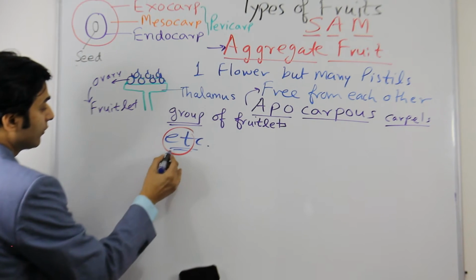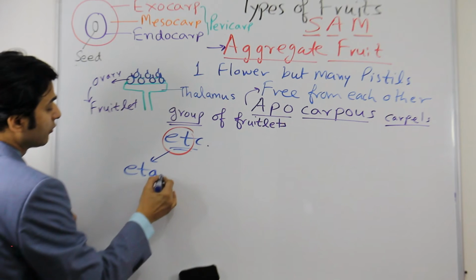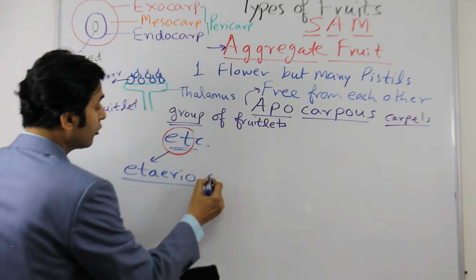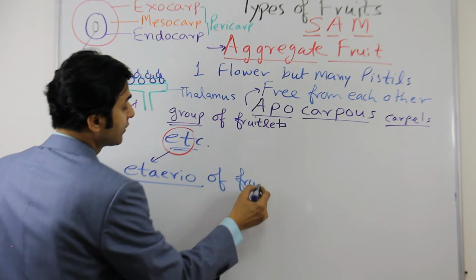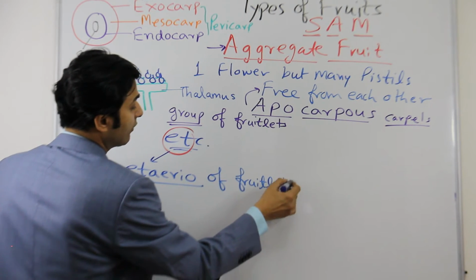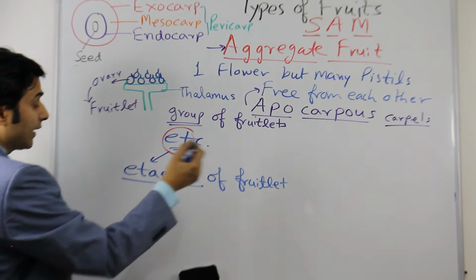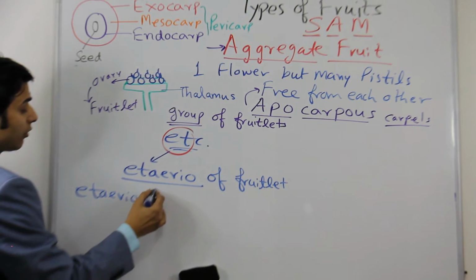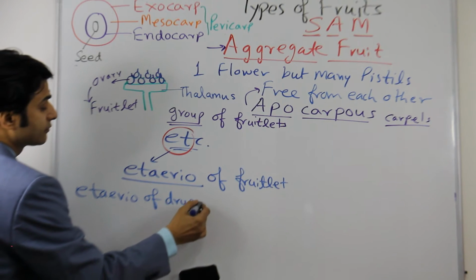The word which is given to them is Etaerio. Etaerio of fruitlet. Whatever fruitlet is there, if the fruitlets are of the type drupe, it will be called Etaerio of drupes.